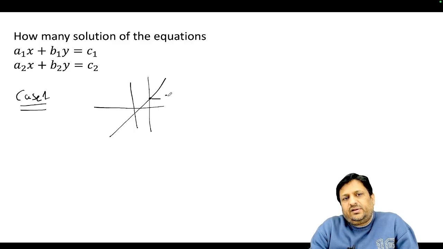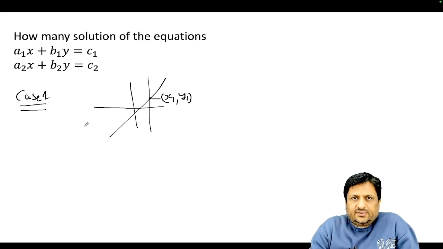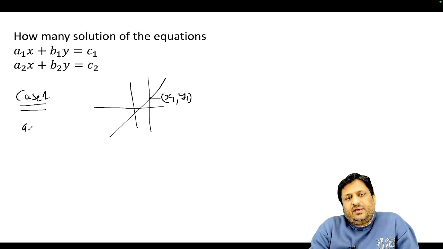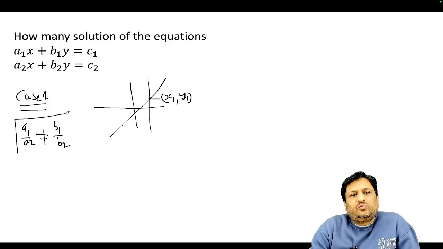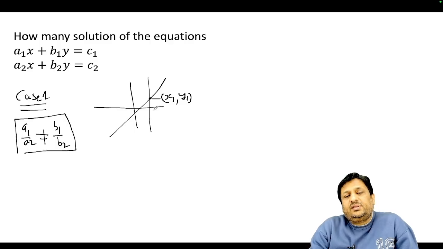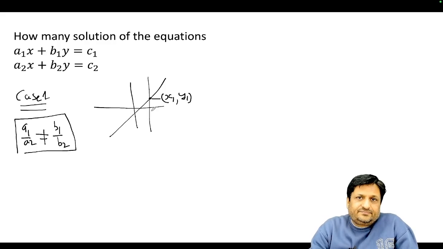Let's say the coordinates of this point are x1 and y1, and we say the system has a unique solution. The condition for it is that a1 by a2 must not equal b1 by b2. The ratio of a1 and a2 must not equal b1 by b2. Then only this system will have a unique solution. These two lines will intersect each other.